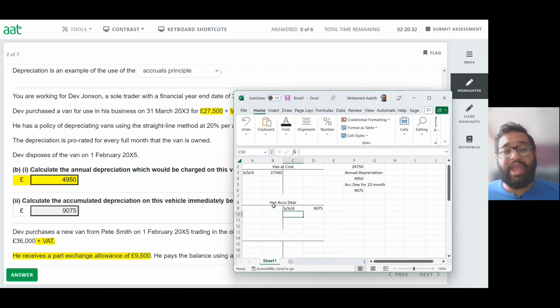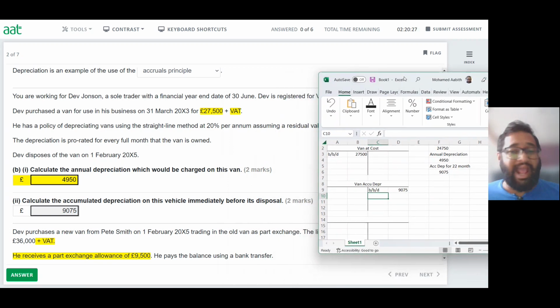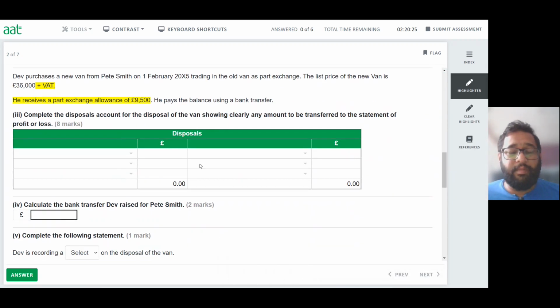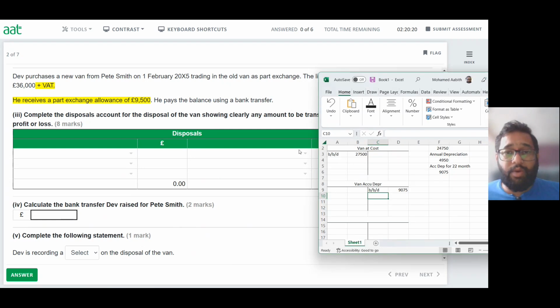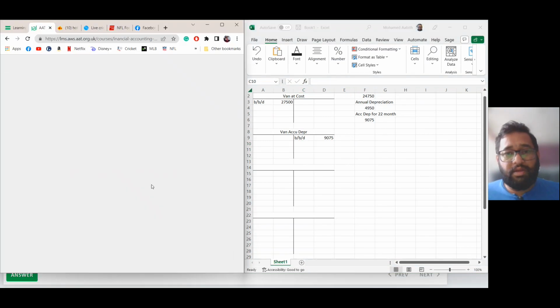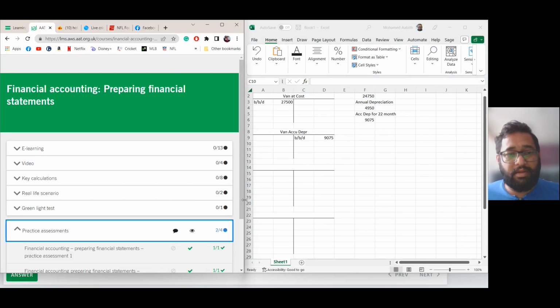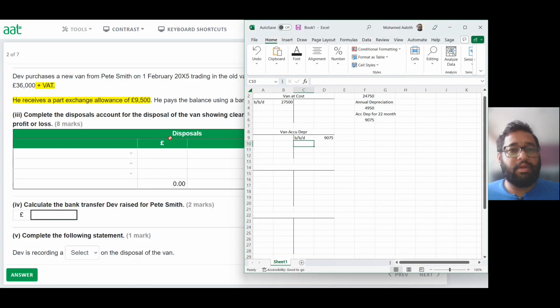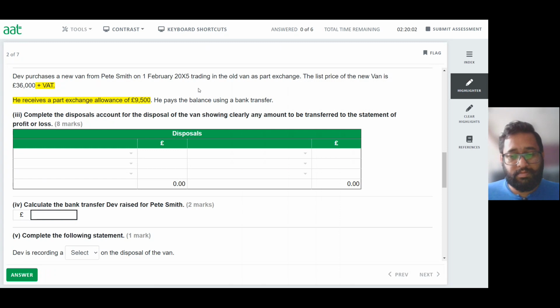So this is the amount we have in our books, and we also have to find a way so we can get rid of this figure from the accounts by using the disposal account. So what we'll do now, we will see whether we can split this into two screens. Oh, it won't let me do it, unfortunately.